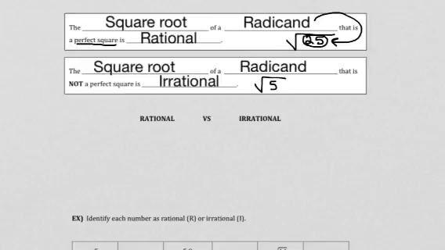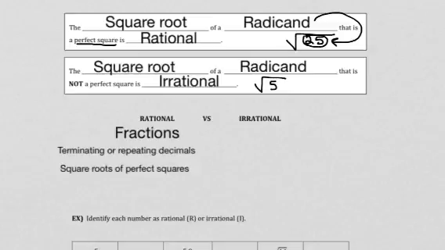So let's compare these lists. Rational numbers can be fractions. They can be terminating decimals, which means decimals that end, or repeating decimals, decimals that have the same number or numbers repeat. Or they can be square roots of perfect squares.